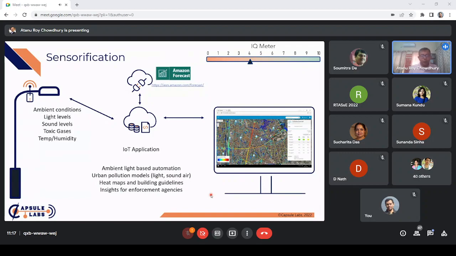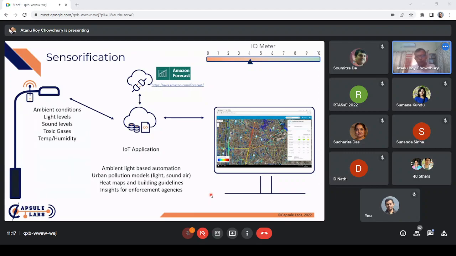So we might be able to use this kind of information to enforce silent zones around hospitals, around schools, around places where senior citizens live. And we might be able to use this kind of time series data to create forecast models about the future as well, right?